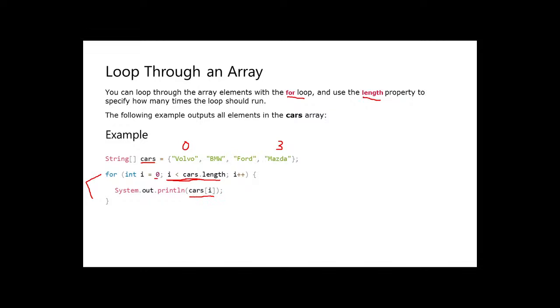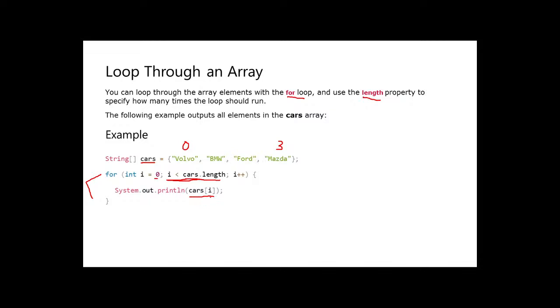So whatever is the value of i, that will be the value of the index. Now, it will start at 0, so cars at 0, it will be printed, and that is Volvo. Now, if i becomes 1, then cars at index 1, the BMW will be printed.